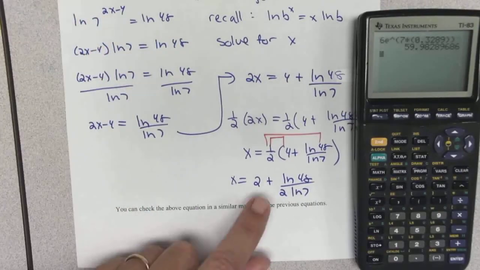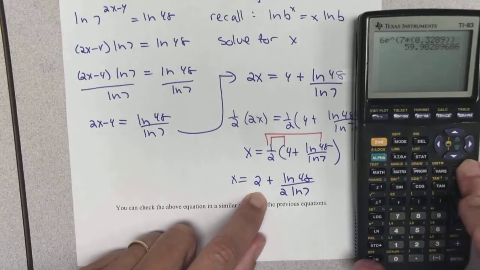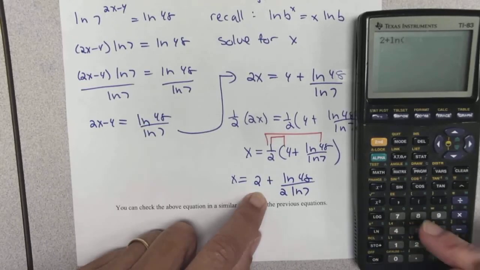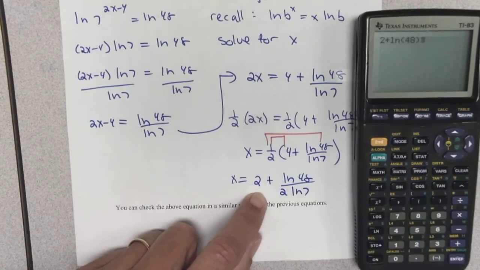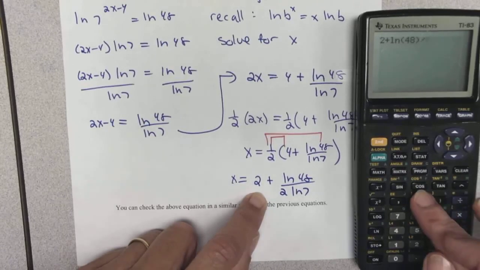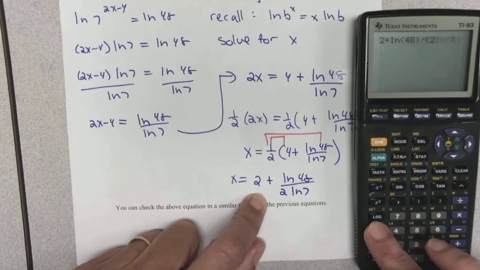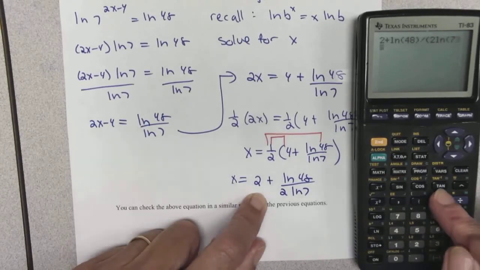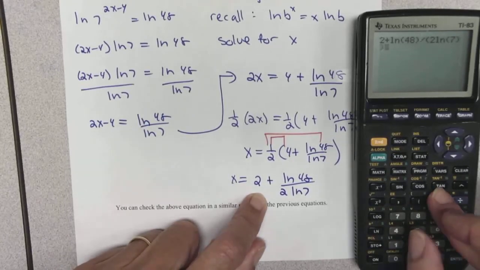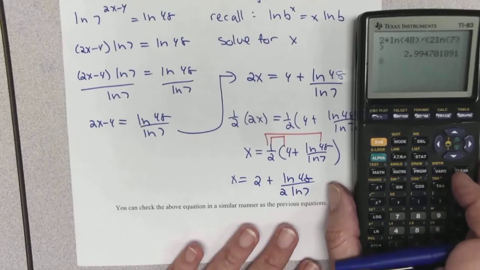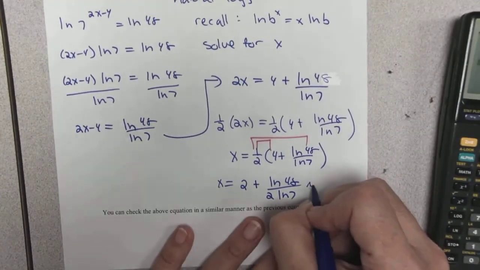And then if I need a decimal, let's do this last one here. 2 plus natural log of 48 in the parentheses, divided by, then put that entire denominator in parentheses, 2 natural log of 7. In the parentheses for the natural log, in the parentheses for the denominator. And so my decimal approximation is about 2.9947.